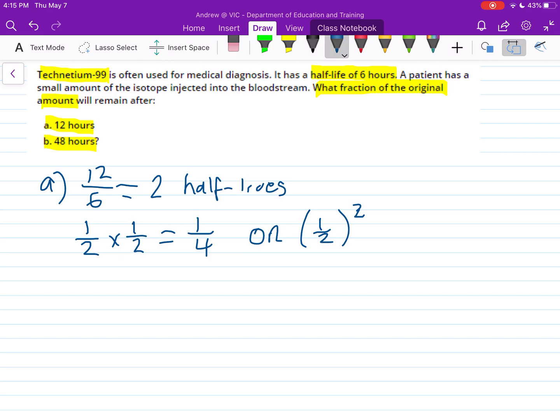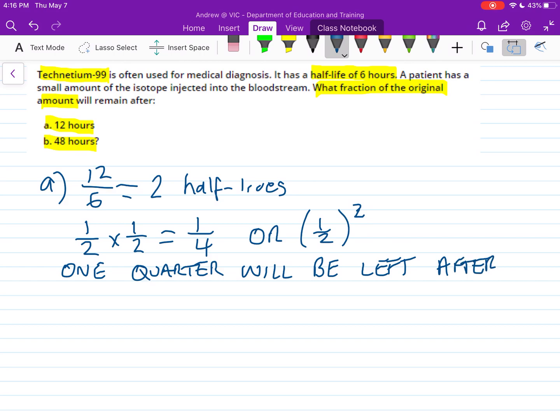You can break it down: if half of it's left after 6 hours, half of it again, a half of a half, is a quarter. So 1/4 will be left after 12 hours. And I'm going to run out of room, but anyway.